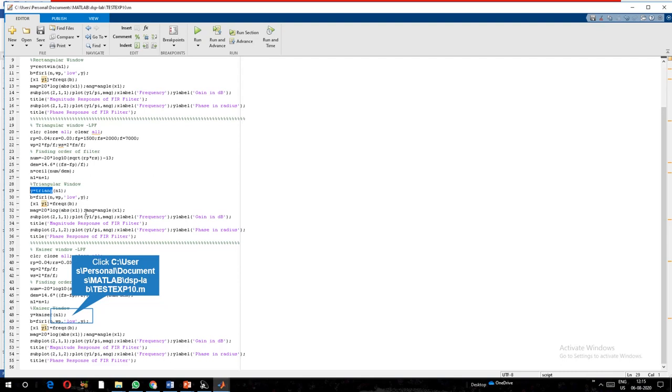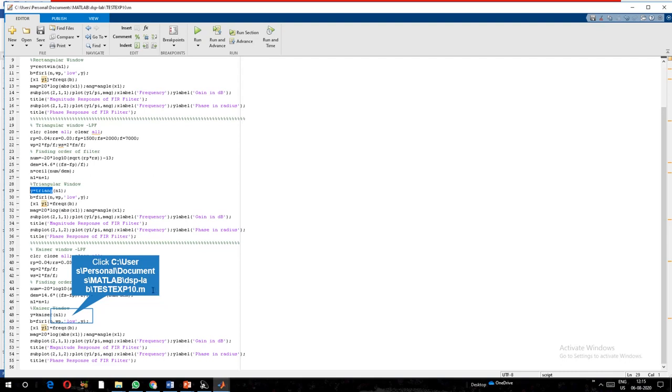From this we are going to plot the magnitude response of x1 and phase of y1, and to get the magnitude response in dB we take 20 log of the absolute value of x1 and angle of x1. From that we get the magnitude response of the FIR filter based on the triangular window. At the same time, the phase response is also considered.